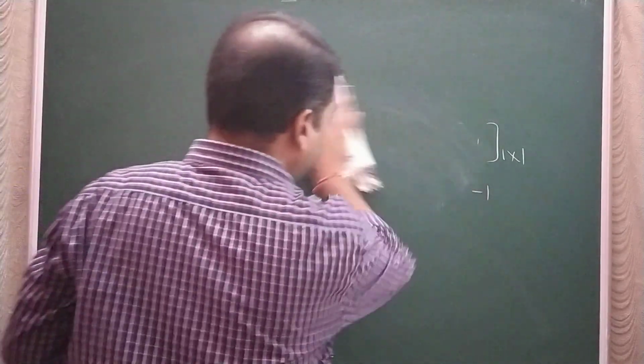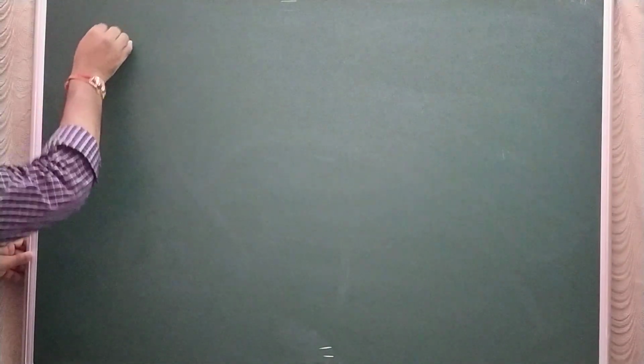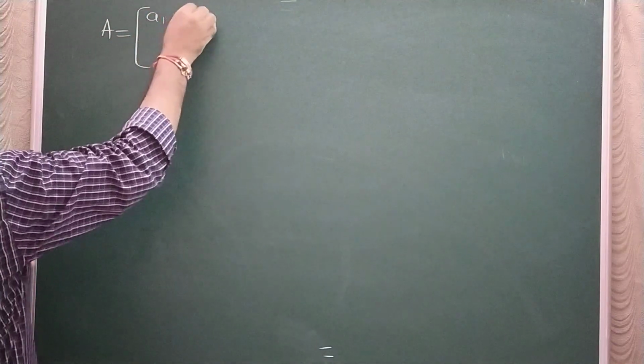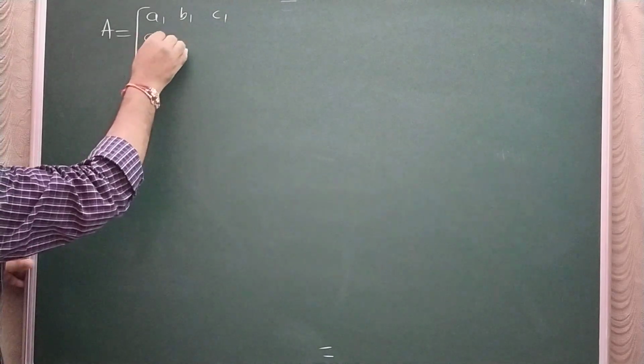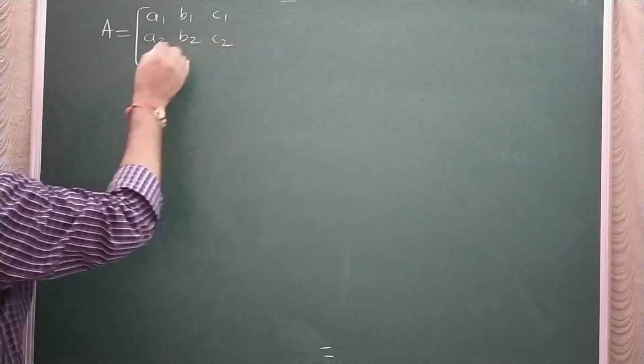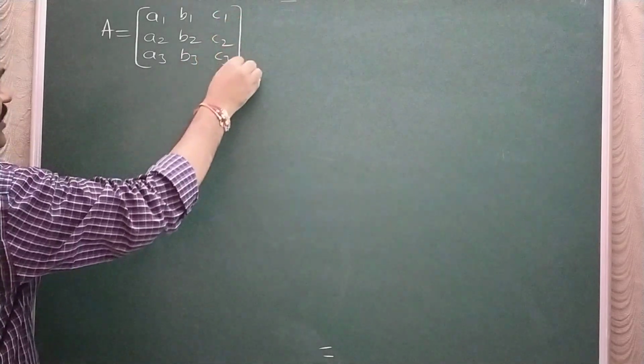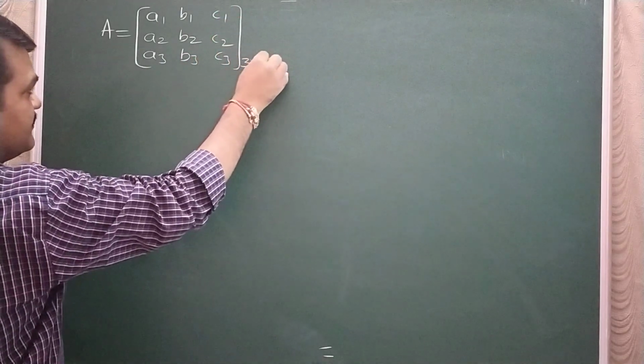Okay, so I will take a matrix like capital A is equal to A1, B1, C1, A2, B2, C2, A3, B3, C3. So I want the determinant of the 3 cross 3.